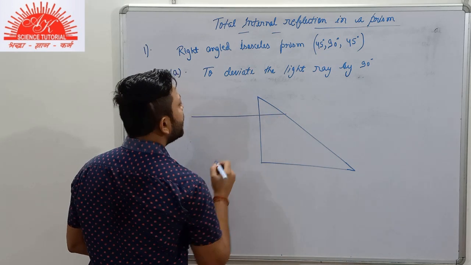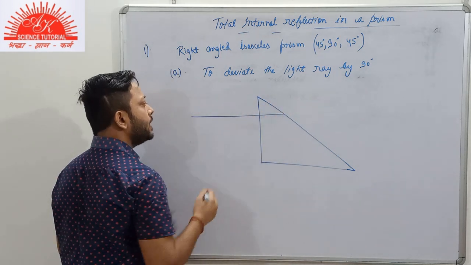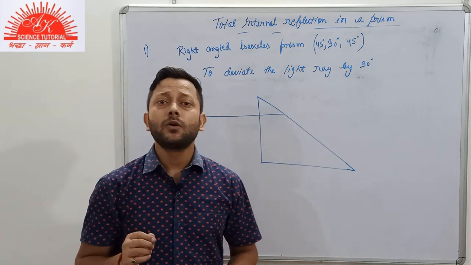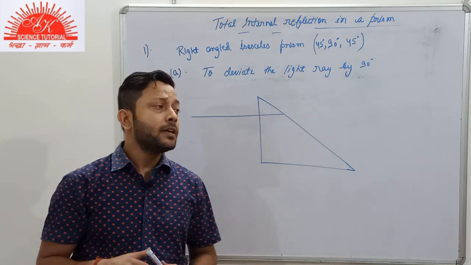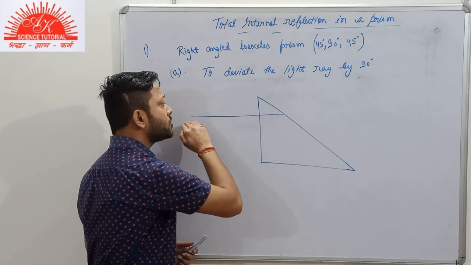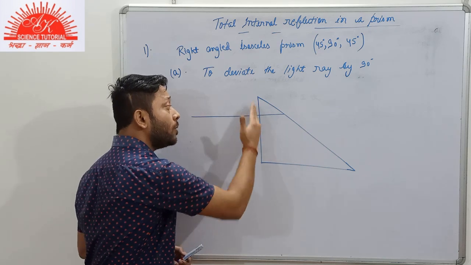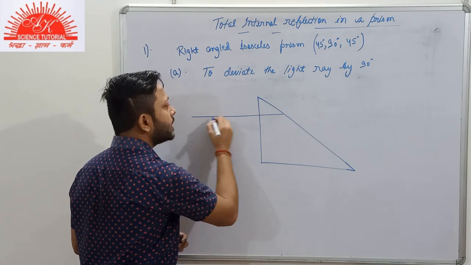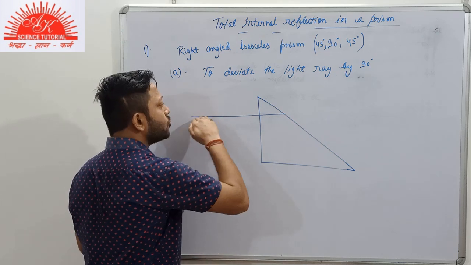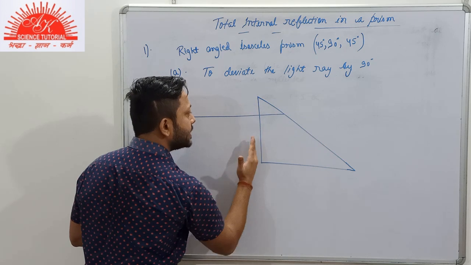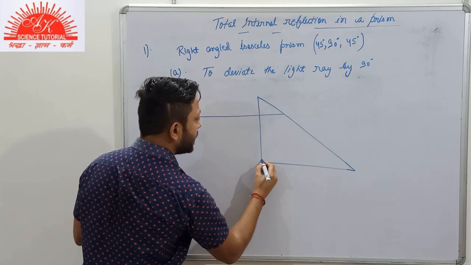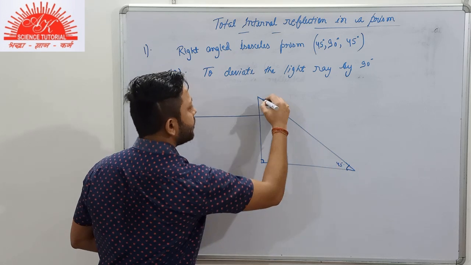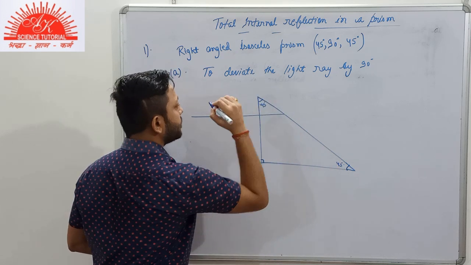It's very simple: take the incident ray that is normal to the surface. Keep it in mind, whenever we draw any diagram, it is convenient to take the incident ray normal to any surface of the prism. So we have assumed here that the incident ray is normal to this face of the prism, and the angles here are 90 degrees, 45 and 45.